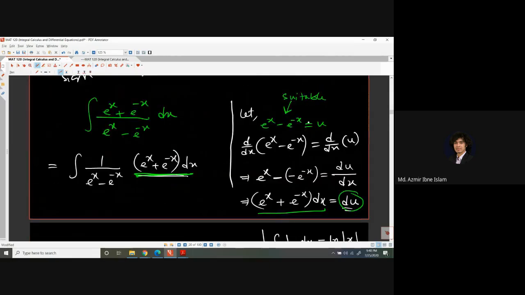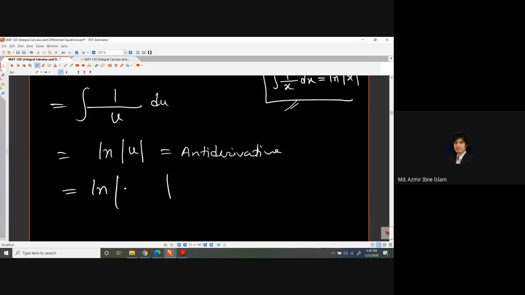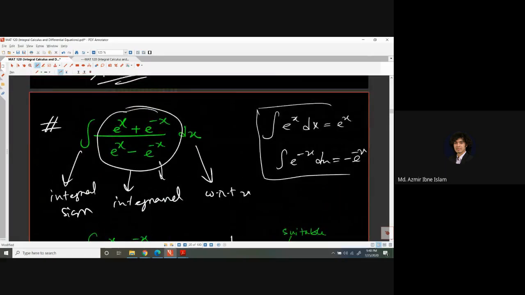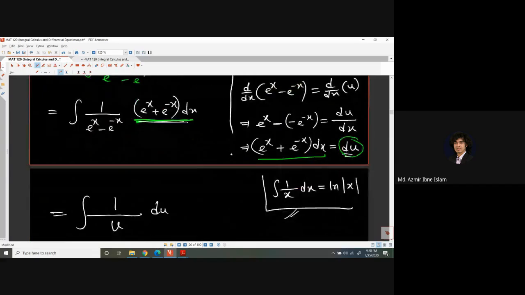We have considered e to the power x negative e to the power minus x as u. So let's input this: ln modulus e to the power x negative e to the power negative x plus c. Since we have an indefinite integral, in the final result we can add a constant plus c. So this is called the u-substitution method.